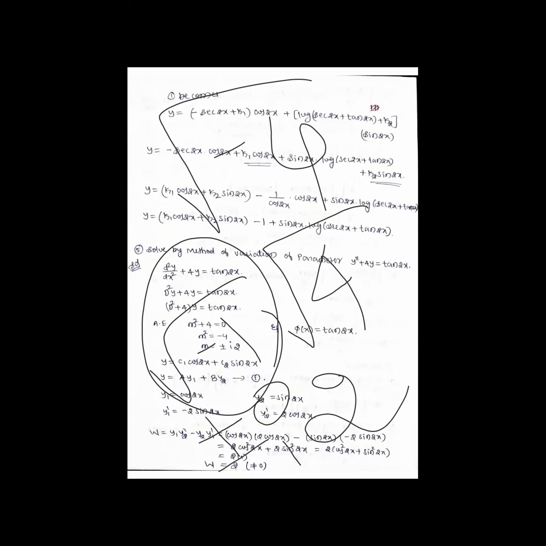So it is plus or minus i2, and whatever the RHS is, we take it as tan of 2x. And here it is a complex root.